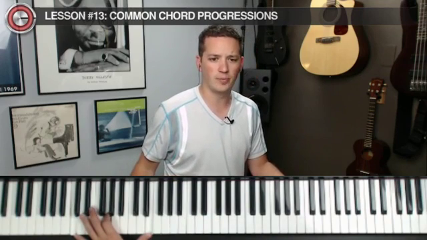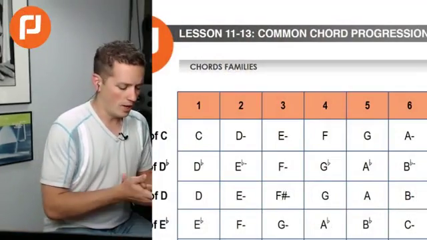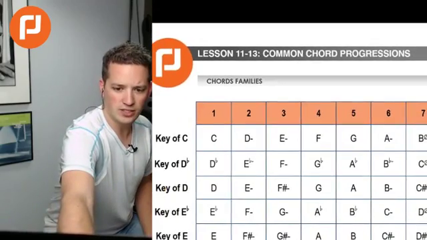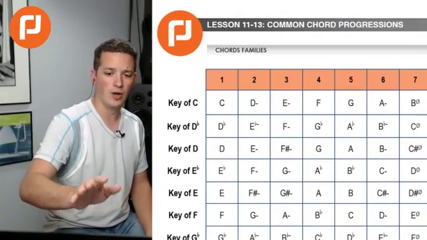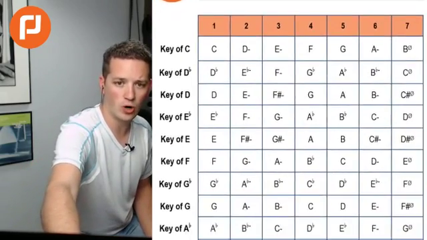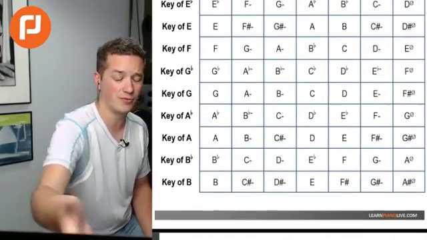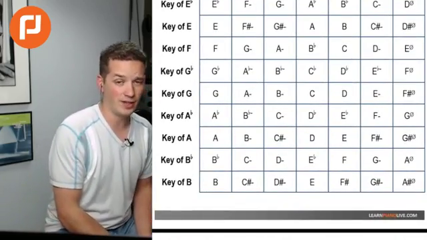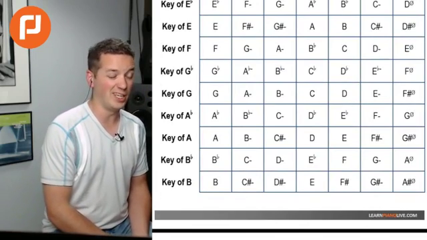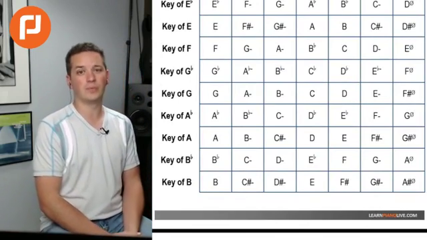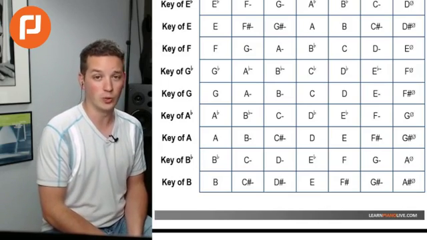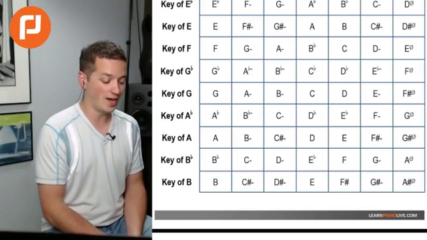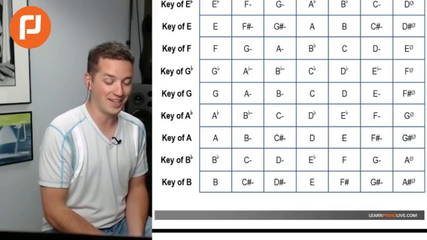By the way, if you haven't downloaded the PDF already, go ahead and do that now. Just to show you what the PDF is this week: hopefully you're already familiar with all the common chord progressions that I just went through, and then I gave you all of the chords for all of the keys. You're probably familiar with all of them except maybe G flat, D flat, A flat, some of those weird keys, B probably. If you haven't practiced those, you're going to run into them, and you don't want to be the guy who can play really cool stuff as long as you're in C. You want to be the guy or gal that can play in any key.